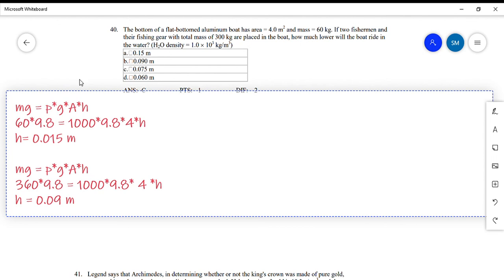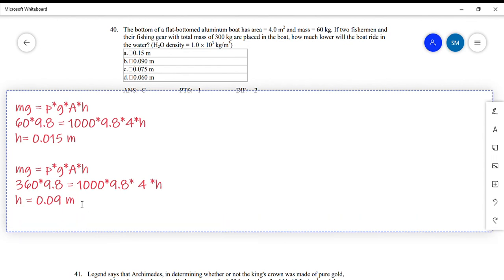No. In the question, he wants to know how much lower the boat will ride in water. So you will subtract h2 minus h1. Sorry, this is h1, and this is h2.